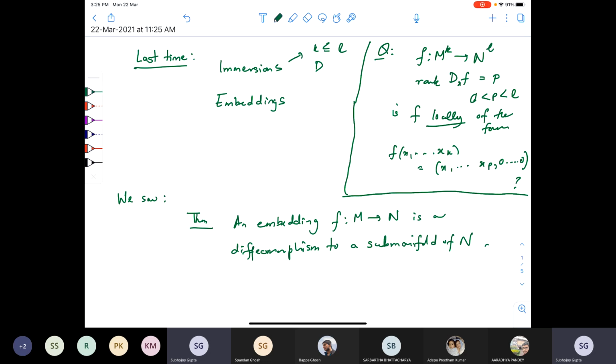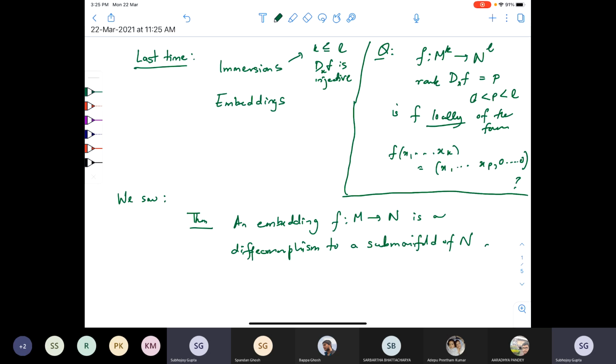So the rank is equal to k, right? So d_x f is injective as a linear map, right? So that's an immersion. So locally it always looks like a canonical immersion.